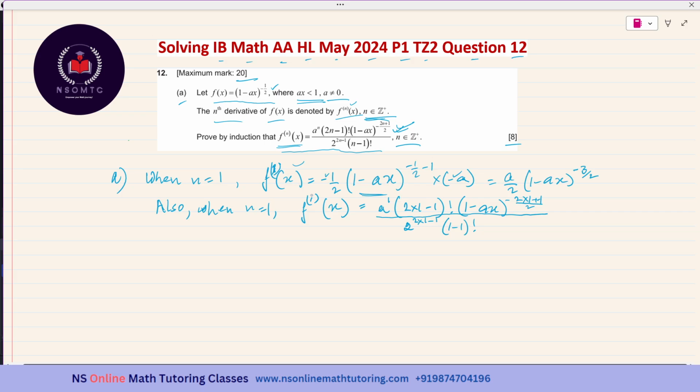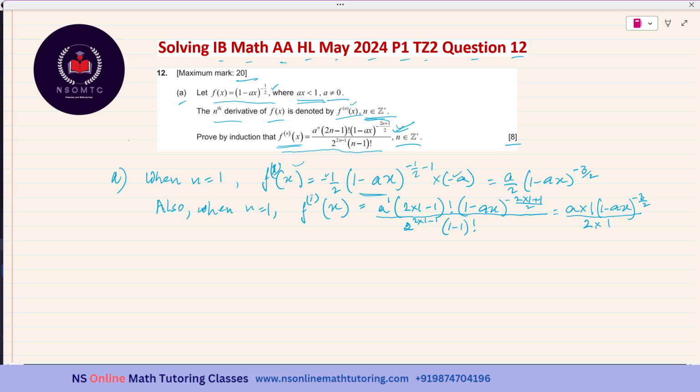Okay, and a to the power 1 is a, and 2 times 1 is 2 minus 1 is 1, so 1 factorial is 1, and this one is (1 minus ax) raised to the power of, 2 times 1 is 2 plus 1 is 3, so it is negative 3 over 2. And in the denominator, 2 times 1 is 2 minus 1 is 1, so it is 2 to the power of 1, which is 2, and 1 minus 1 is 0, 0 factorial is 1.